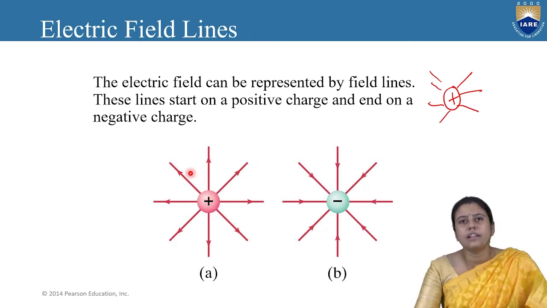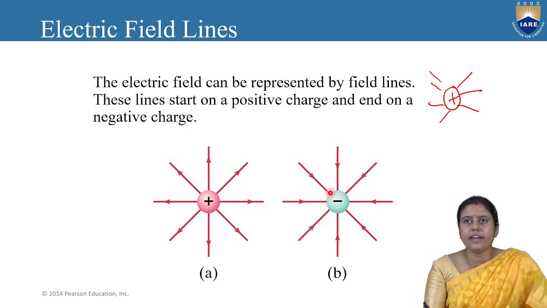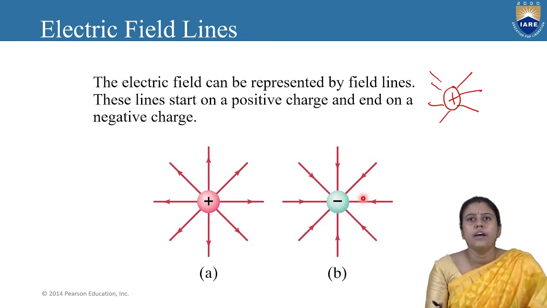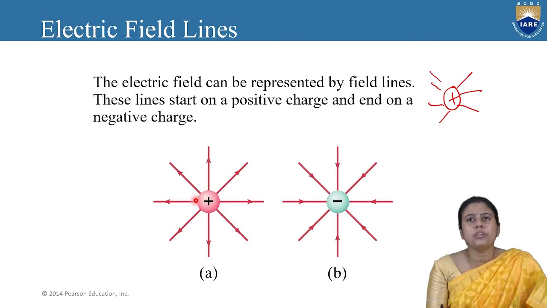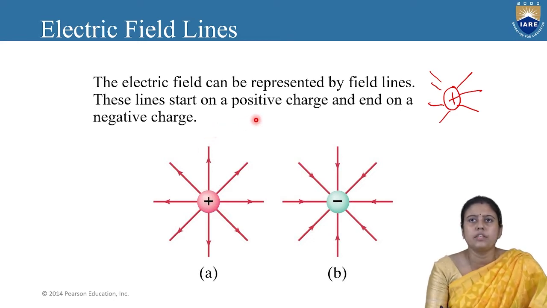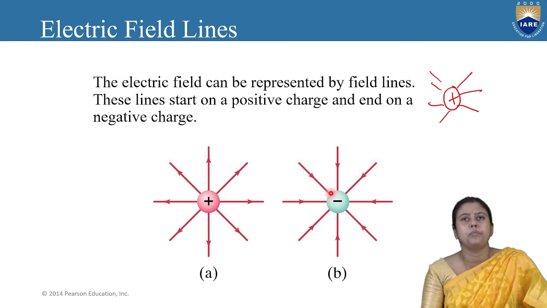It is basically diverging in nature, and in the case of a negative charge, we assume that the electric lines of force are converging. And if both charges are present in an area, the electric lines of force will start from the positive charge and meet the negative charge.